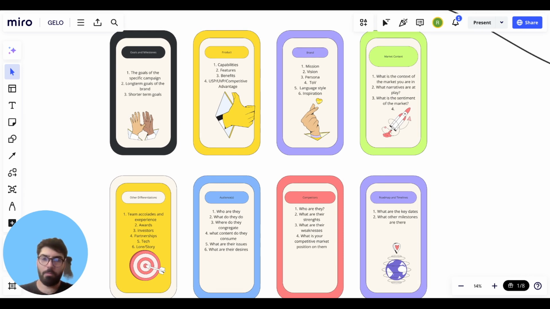Now, these are in no particular order, but the top 2 most important things will always be product and audience. If you don't understand your audience, there's no way you're going to create messaging that will resonate with them. And if you don't understand your product, there's no way you can map your product to that messaging and to the problems that your audience faces or what they care about.